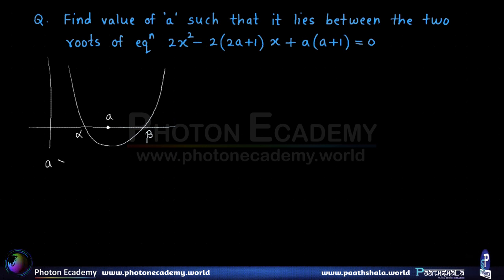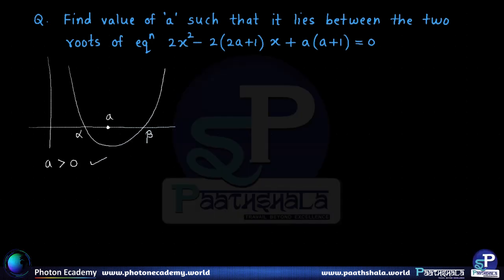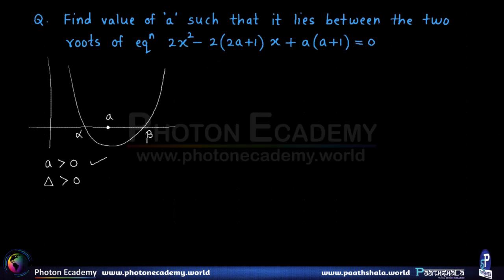Now we are given the case that a is greater than 0, so we know that parabola opens upwards. We also must have delta greater than 0 to have two distinct roots. Now here we want specifically two distinct roots, that is not just two equal but distinct, because the value a has to lie between them. So now if we consider delta greater than 0, let us see what that leads us to.